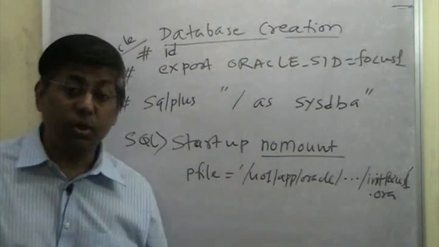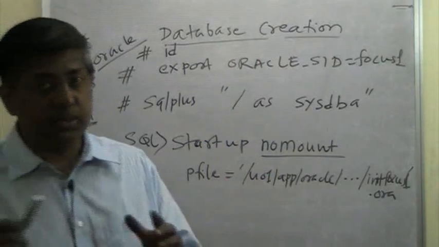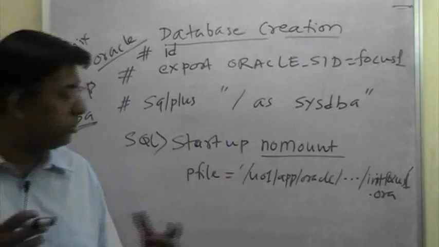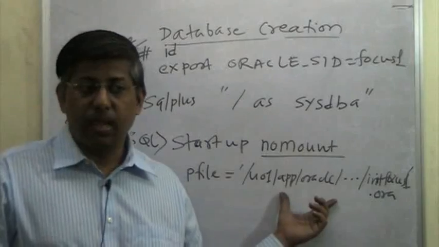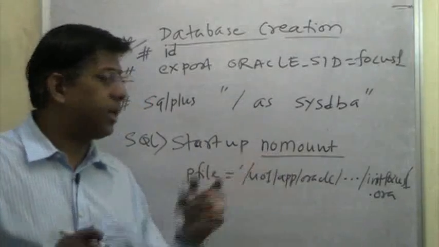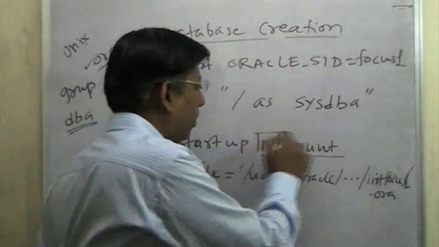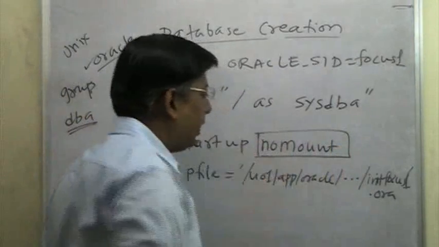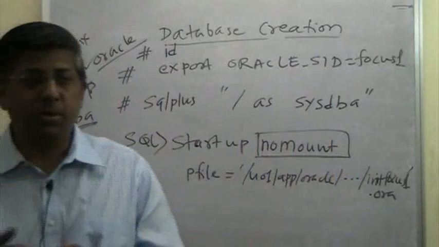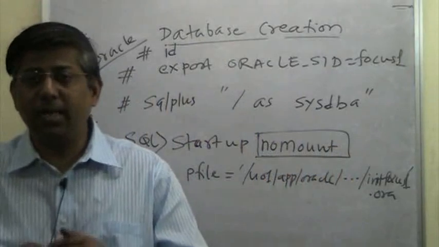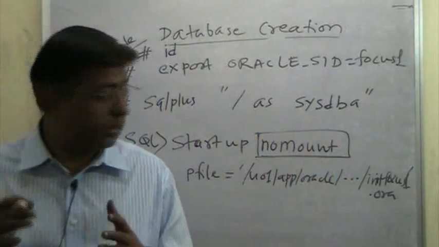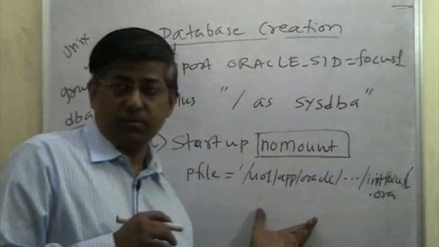Now the instance knows what is the name of the control file. At this time it is very important to understand that the instance now knows the name of the control file. And the instance is just started in a state, in a phase called the nomount phase. What is the meaning of a nomount phase? It means you don't have anything other than the pfile with you.